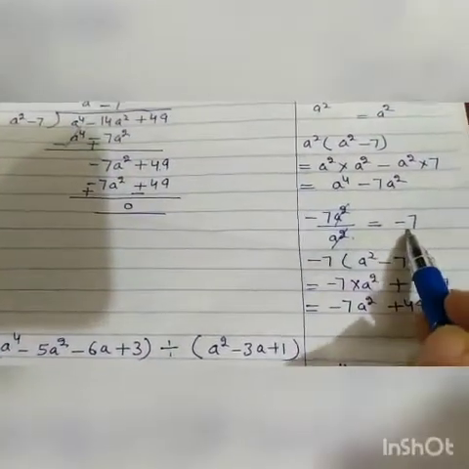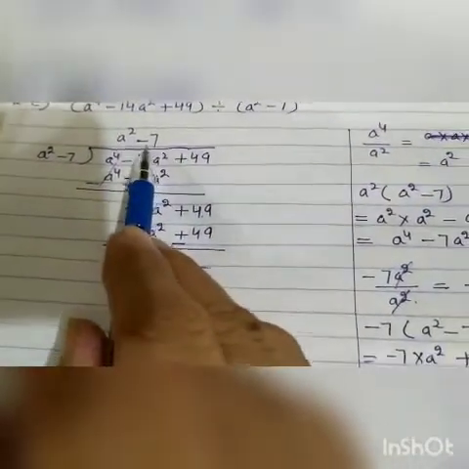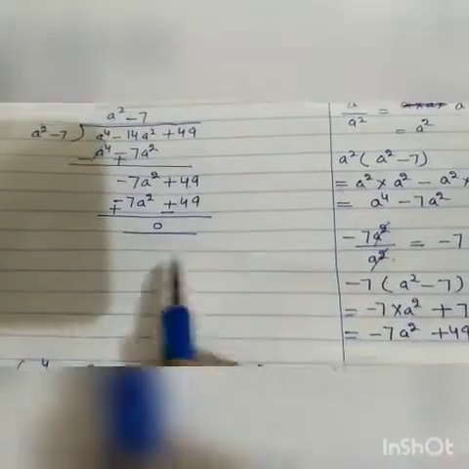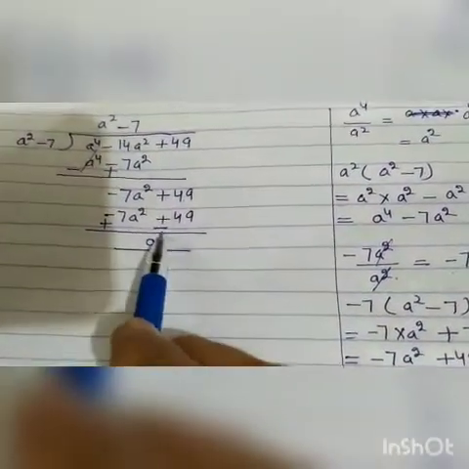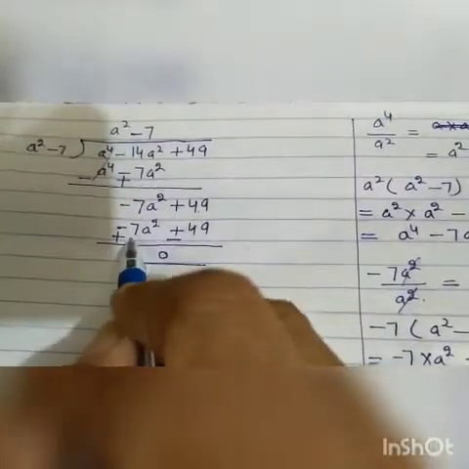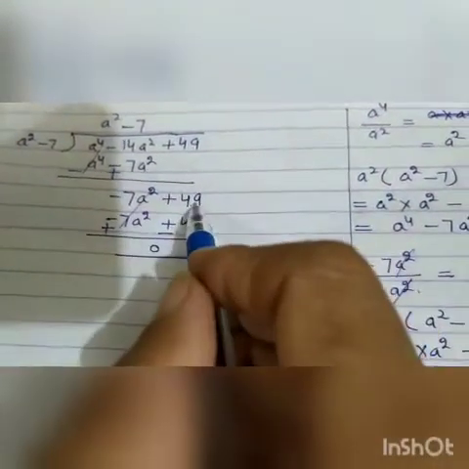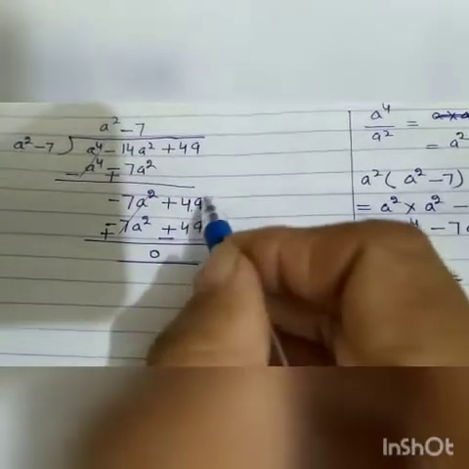So we write this minus 7 in the quotient, then this product here, minus 7a square plus 49. Change the signs. Minus 7a square plus 7a square cancel, plus 49 minus 49 cancel, and the remainder is 0.